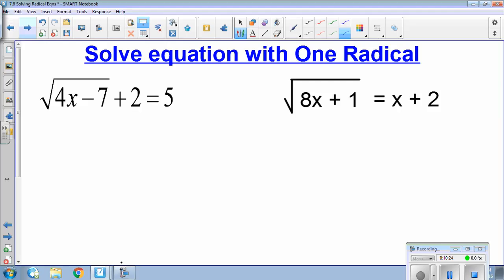All right. Let's do this. Now we've got more underneath the radical than just x. The rules are still the same. You have to get that radical by itself. Now, step 1 in this problem is to do what? Subtract 2 from both sides.